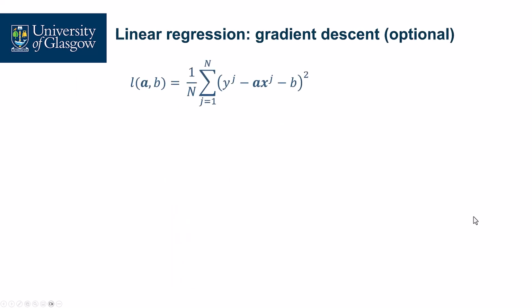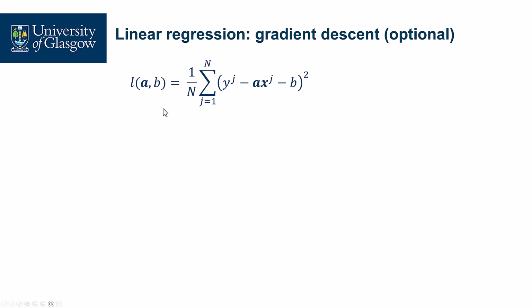Let's see, in linear regression, we plug the predicted value inside the loss function. Note that this x here is not the decision variable. The decision variables are a and b. This x is not the same x as in the last slide, because in the last slide we were optimizing f(x), but this one is L(a, b).